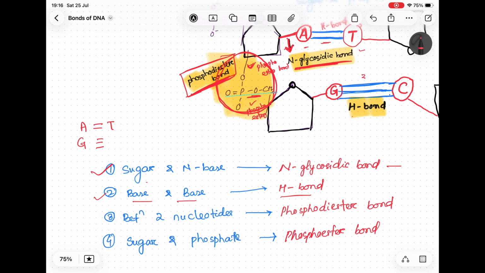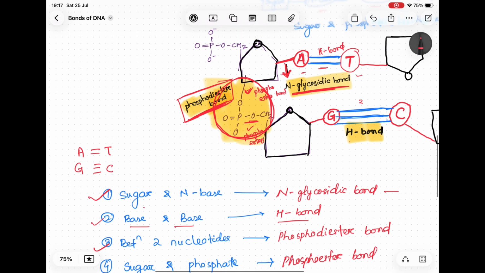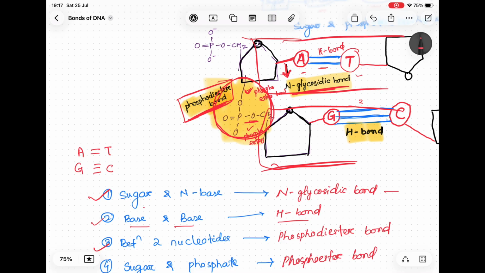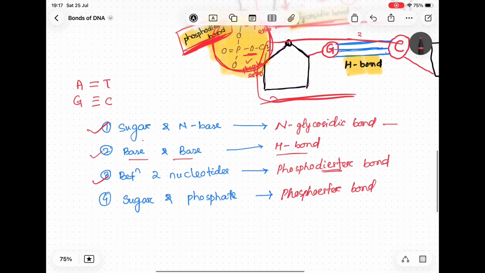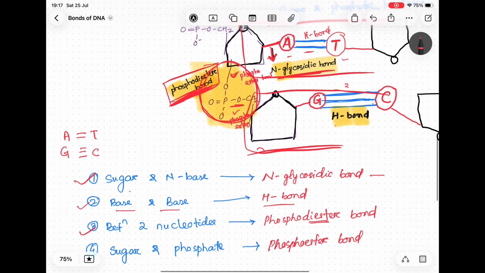Between two nucleotides, as I showed you here, this is one nucleotide, this is the second nucleotide, it is phosphodiester bond. Between sugar and phosphate, it is phosphoester bond.